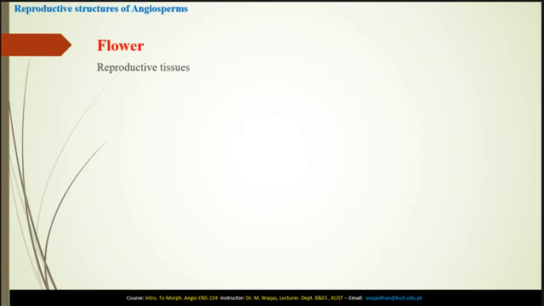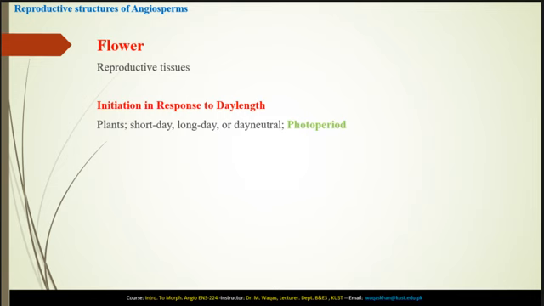First, we will talk about the production of flowers in response to day length. As you know, plants are classified as short day plants, long day plants, and day neutral plants. How are these divided?